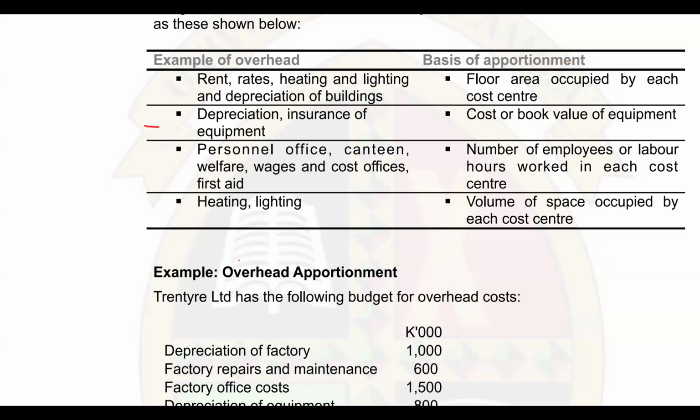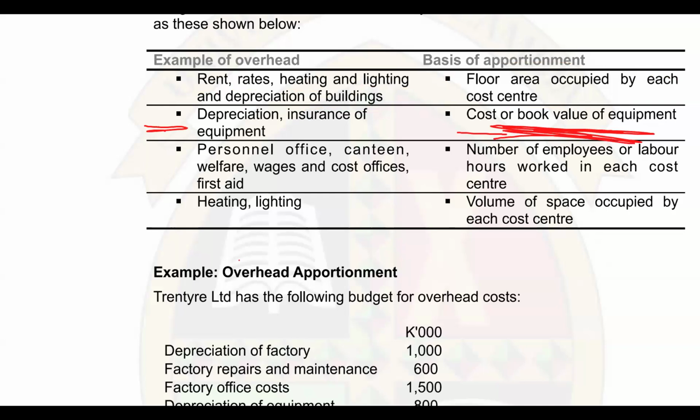When you have overhead such as depreciation and insurance of equipment, you can use the cost or the book value of the equipment as the basis of apportionment.